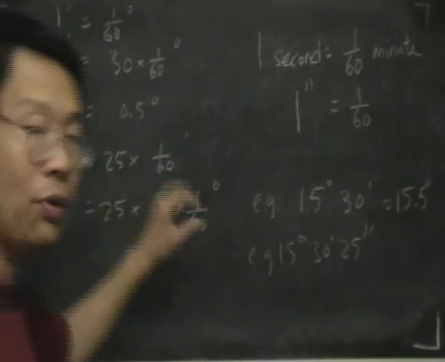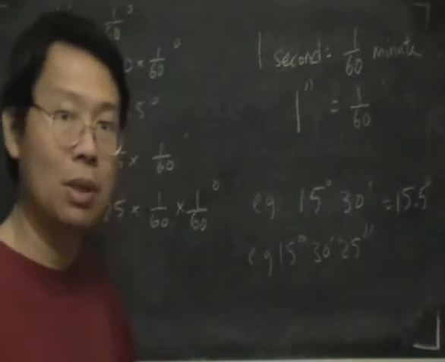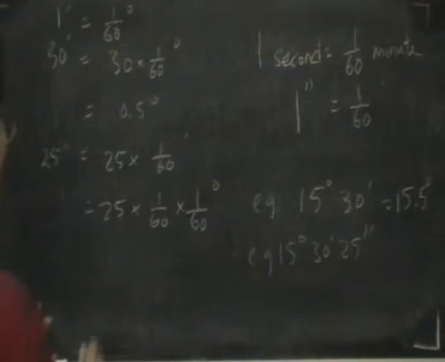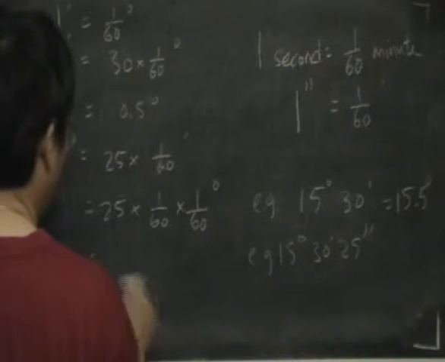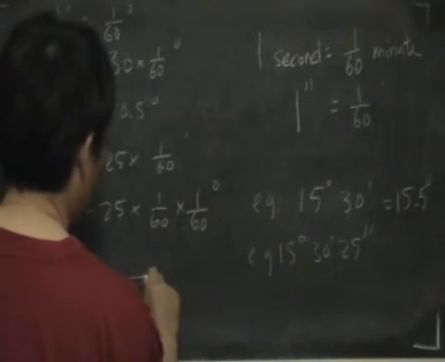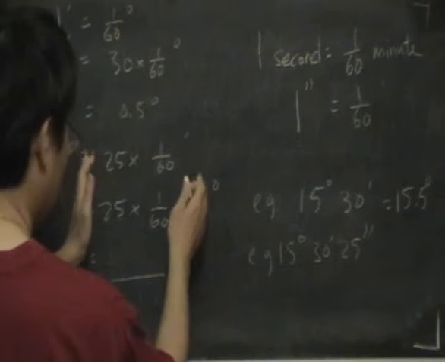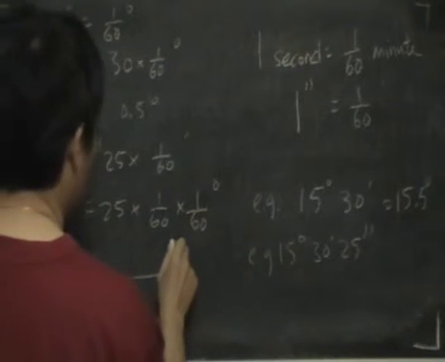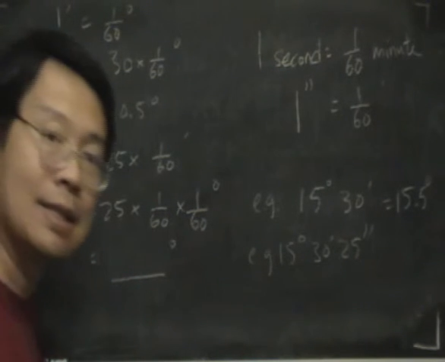So there are three fractions to multiply together. You might use your calculator to do that, and you can then calculate what this is as a decimal or fraction of a degree.